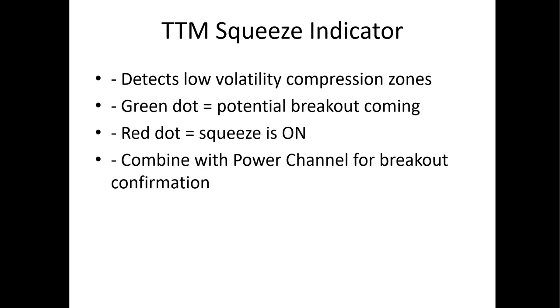And for momentum, entry, and dynamic support and resistance levels, everything is taken care of. So I have combined the hourly separator, the TTM squeeze indicator, and the power channel. I've taken it from TradingView, where it has been coded by the chart price.